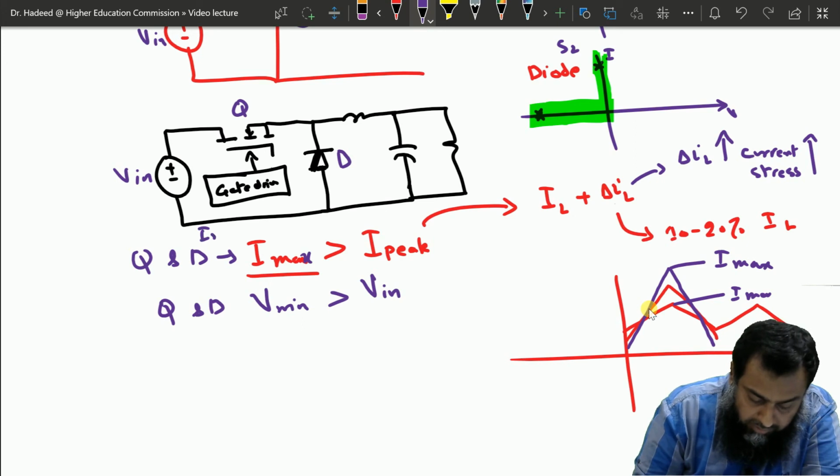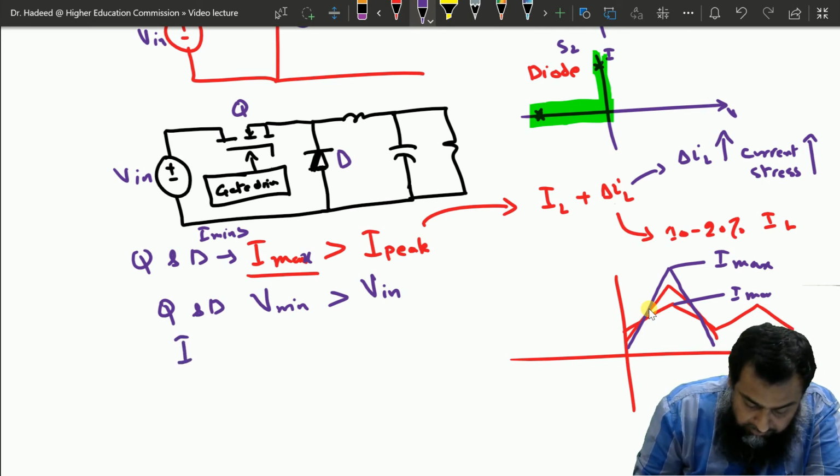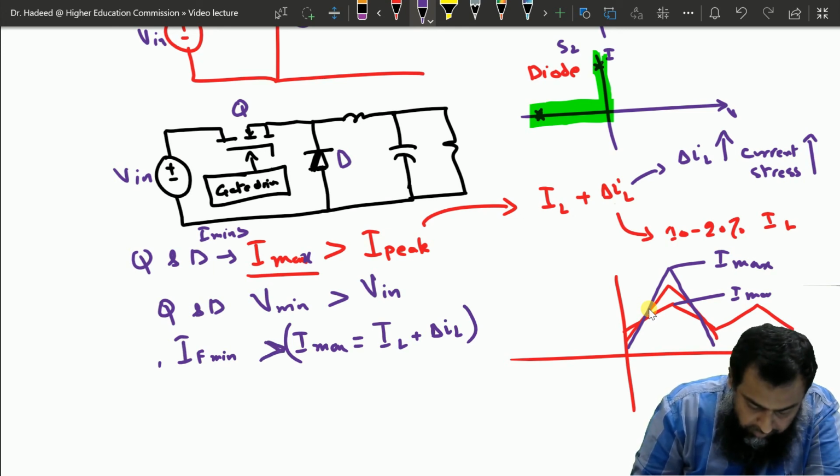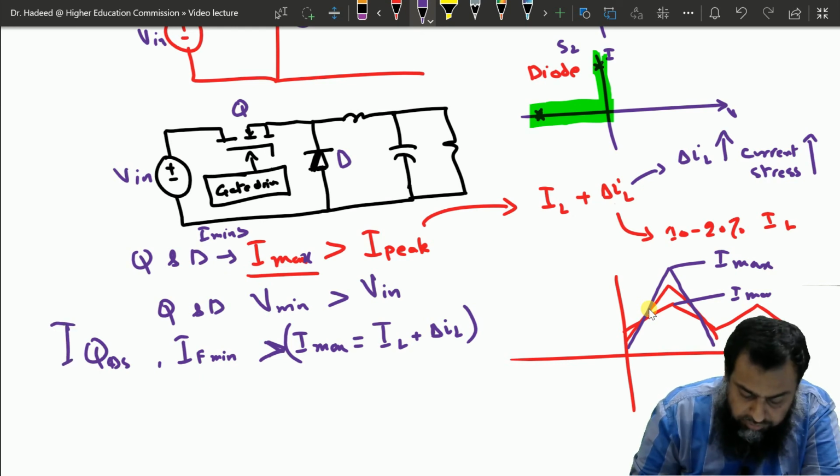So the I forward minimum should be greater than the I maximum, which is equal to IL plus delta IL, and this is true for Q collector to emitter or drain to source, IQDS, for this particular switch.